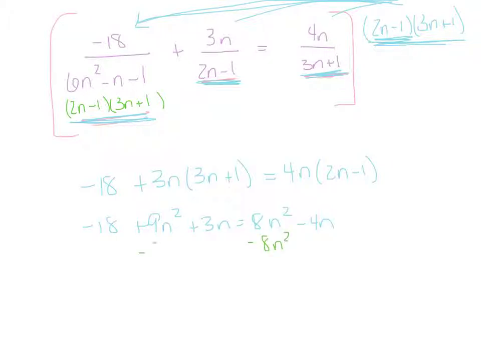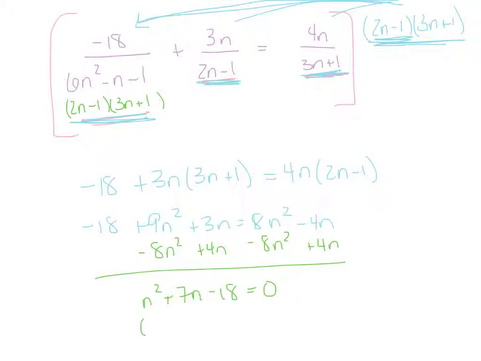Most of the time I do want my quadratic to have a positive leading coefficient, so we're going to move everything to the left. Rearrange, this is going to be n squared plus 7n minus 18 equals 0. And then if we factor, let's look at n plus 9, n minus 2. And so then my answers are negative 9 and positive 2.